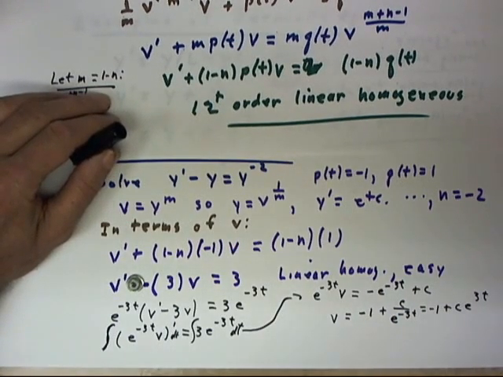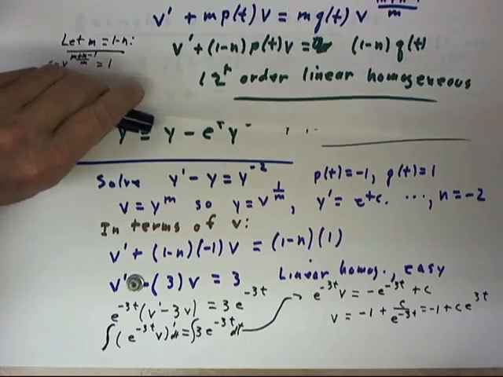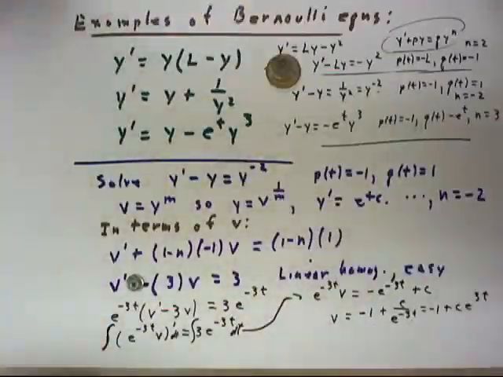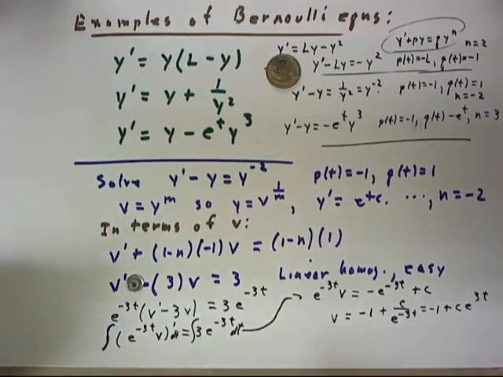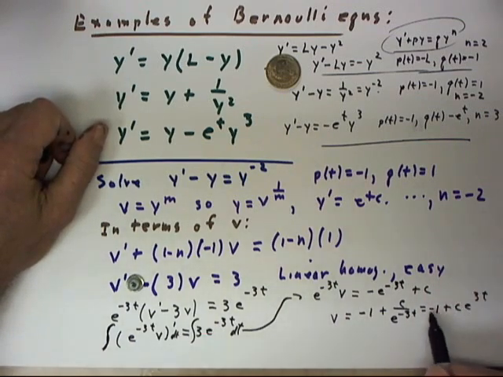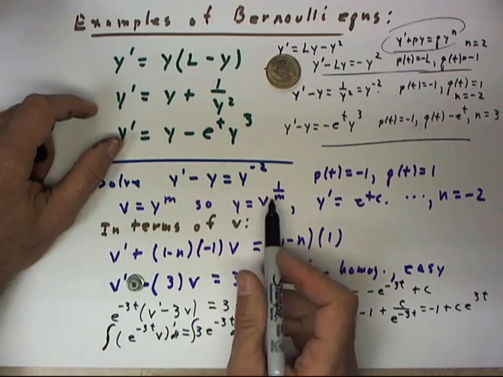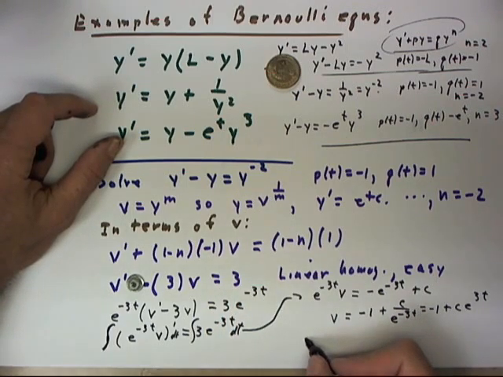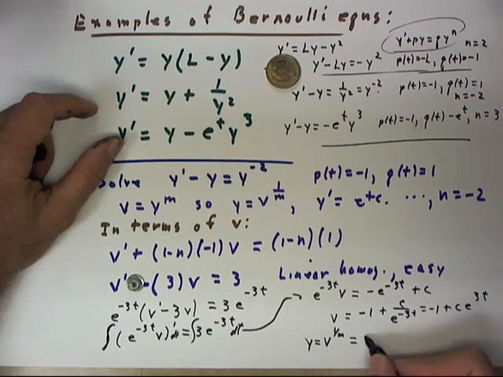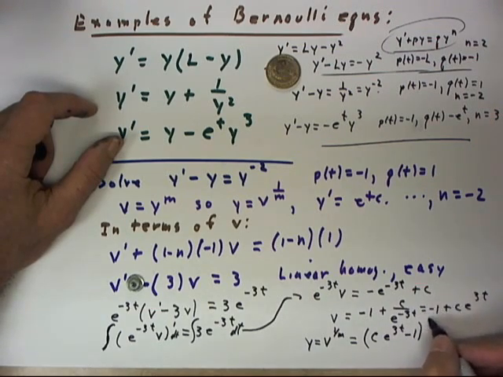What's our y function? We can take this crib sheet away here and identify that y is v to the 1 over m, so that y equals the quantity c e to the 3t minus 1 raised to the 1 over m.